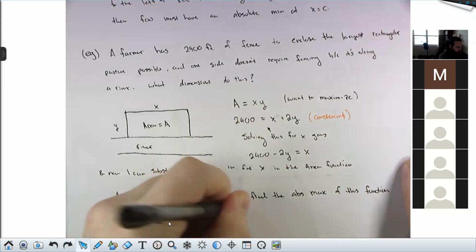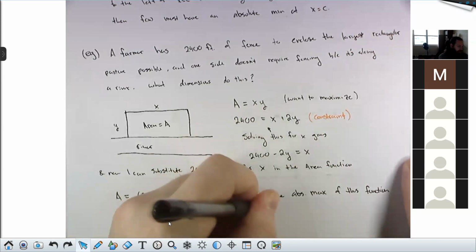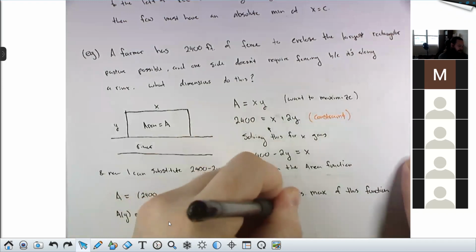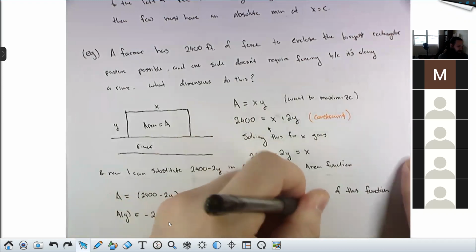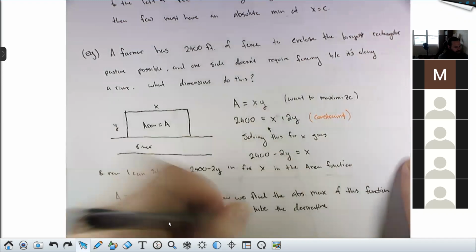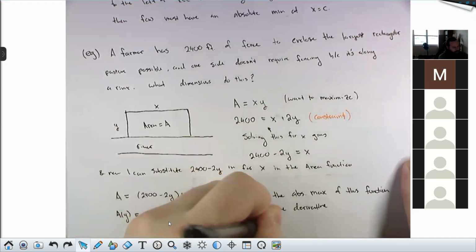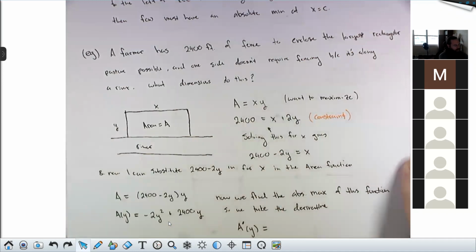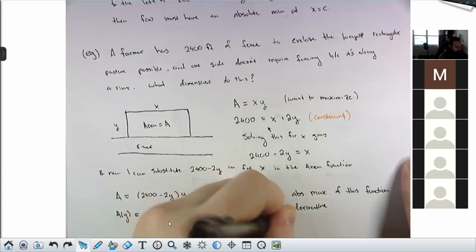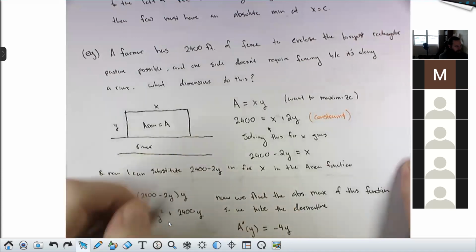So we take the derivative. A prime of y is going to be negative 4y plus 2400.